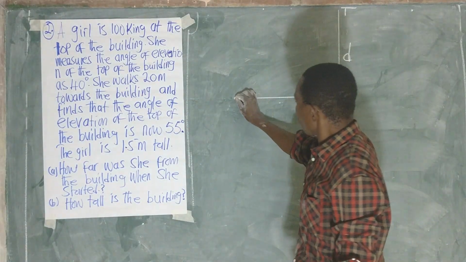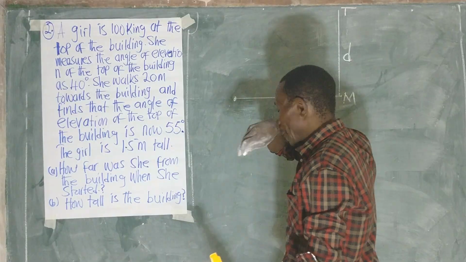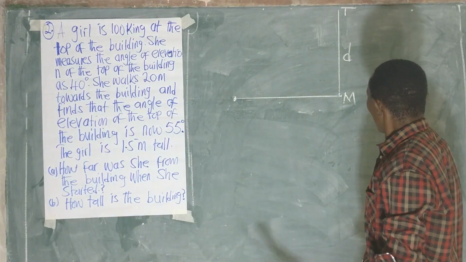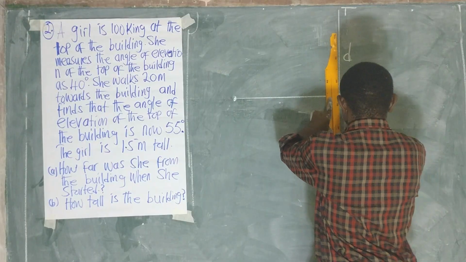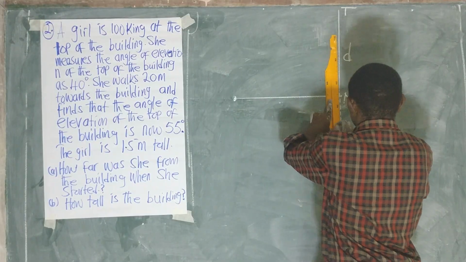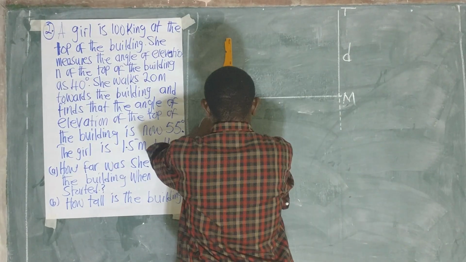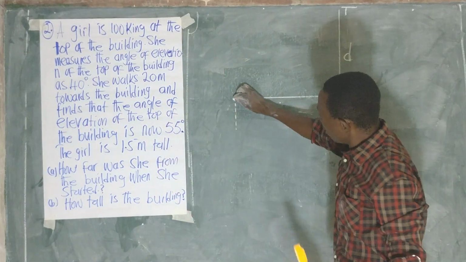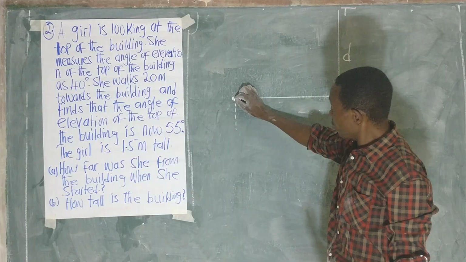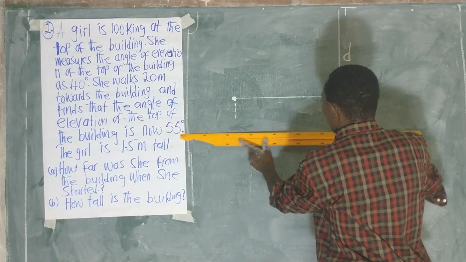So you can say, initially, the woman is here, right? But now this woman, tentatively, we can have it something like this. This point is more like the position of her eyes. So it's more like the ground level is this one.